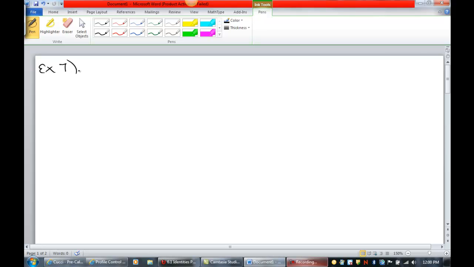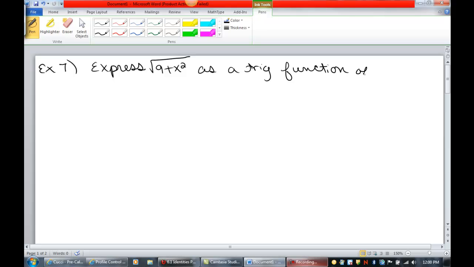In example 7, we want to express the square root of 9 plus x squared as a trig function of theta without using radicals.